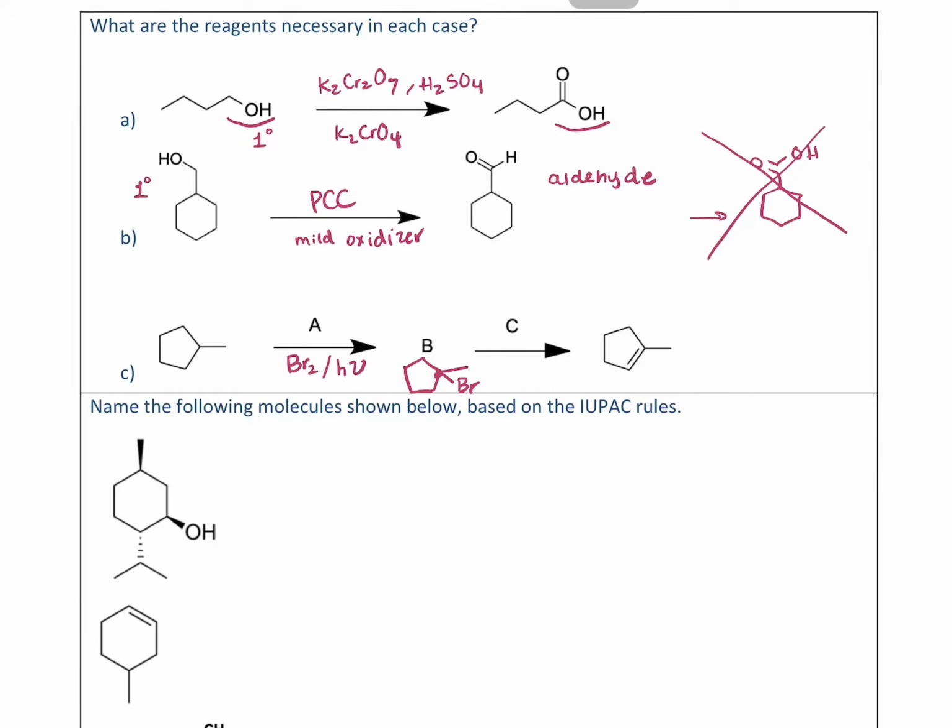And then you can use a strong base such as NaOEt, where Et stands for ethyl, and this would be an E2 reaction. So that's how it would go about that one. You can also use hydroboration and then hydration, but that's totally up to you.